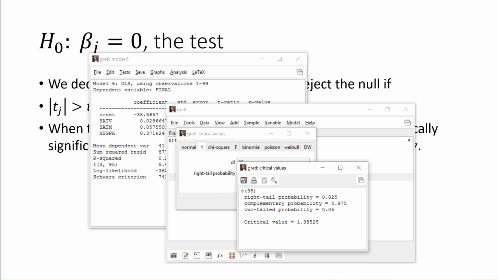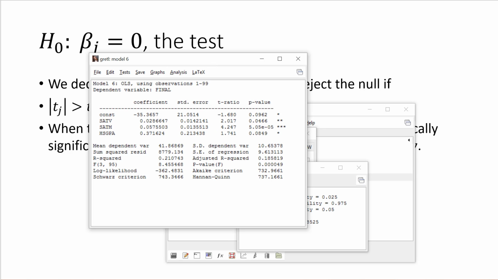The critical value is approximately 1.99. So if we look at the t-values, we see that this is greater than 1.99. So the null hypothesis beta 2 equal to 0 should be rejected.